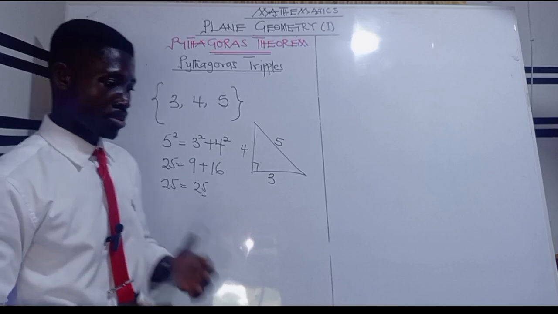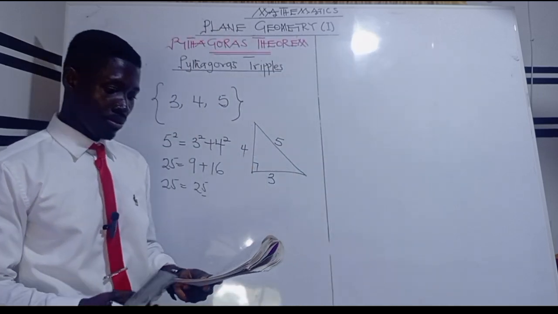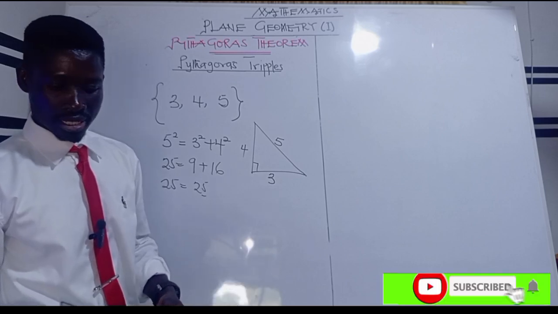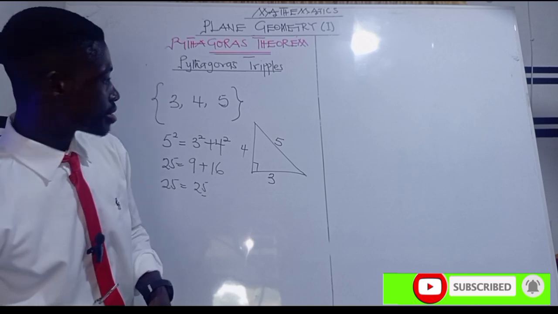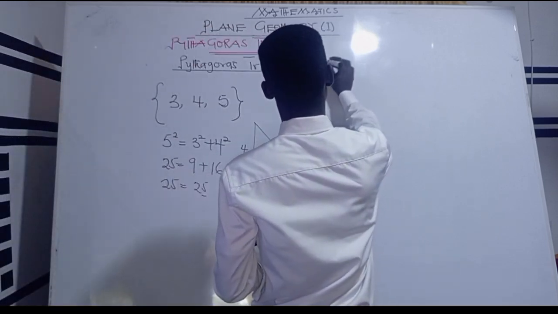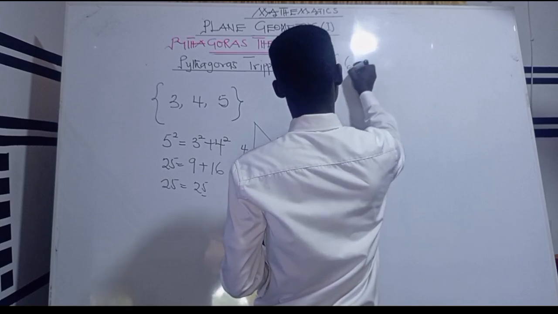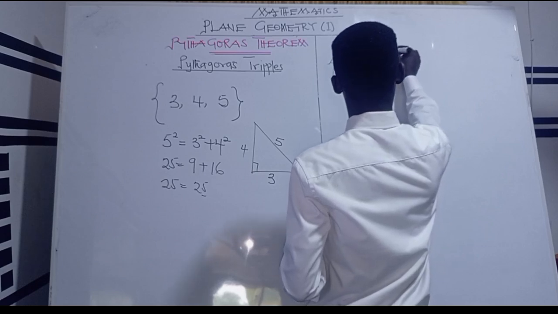Let's take another example. Let's take 6, 2, and then 8. So let's look at 6, 2, and then 8.